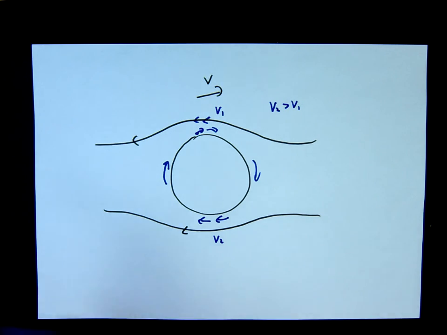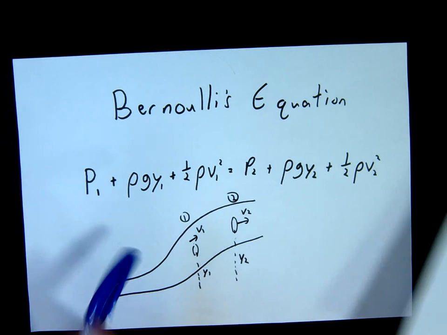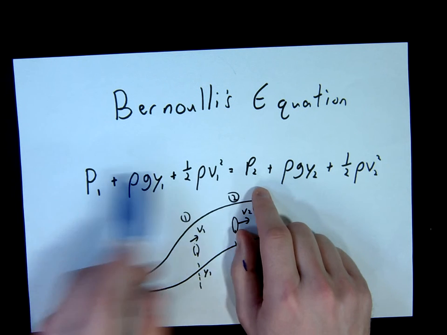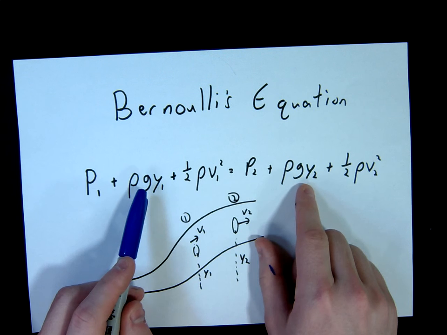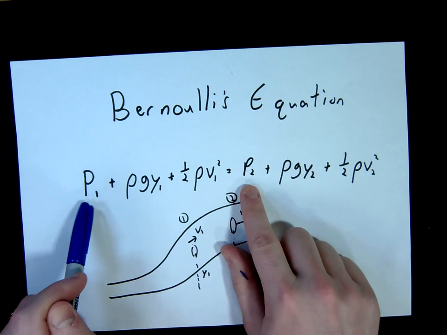If we go back to Bernoulli's equation, the heights are going to be relatively the same, but the speeds are going to be different. Of course, rho is the same, which means the pressures must be different.